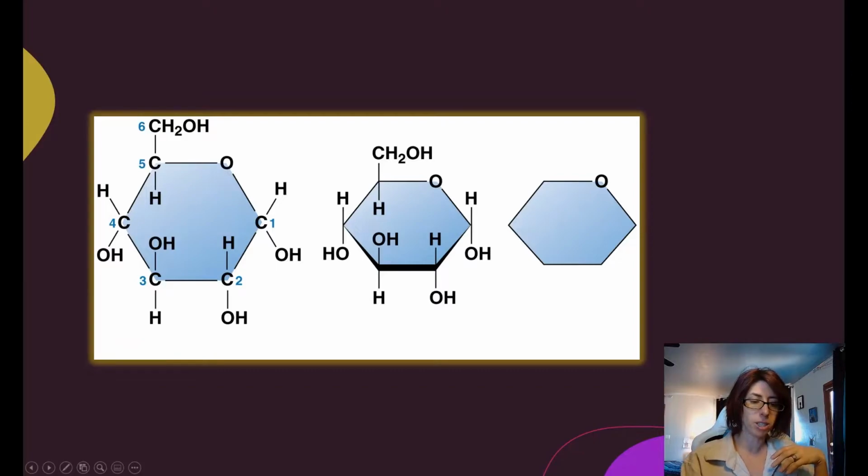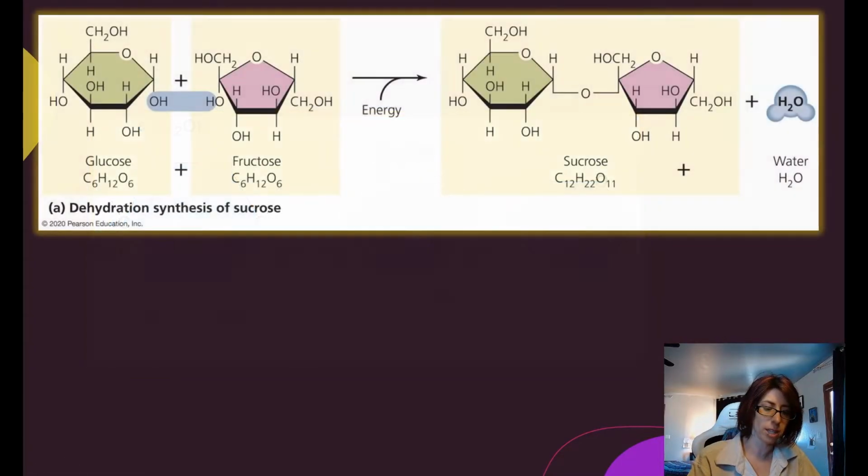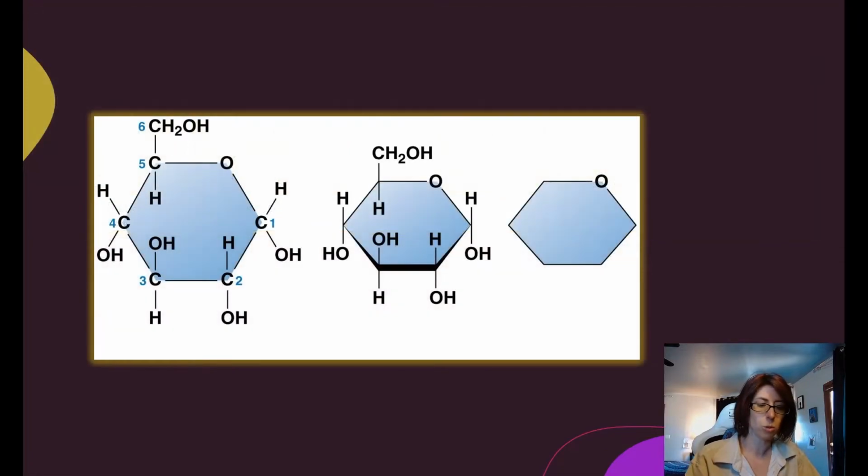In the middle, the carbons have been left out. And on the right, even the hydroxyl groups were left out. Usually you'll see something more like the one in the center. But biology textbooks will use this notation sometimes, especially if they've told you they're talking about a 6-carbon sugar. But you can't figure out what molecule it is by looking at it, so they would have to tell you somewhere in the text.